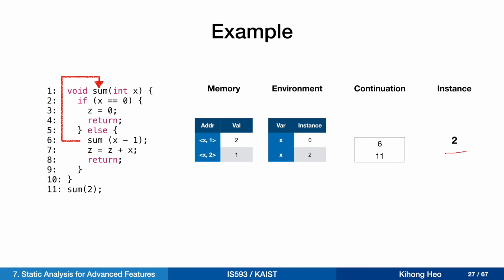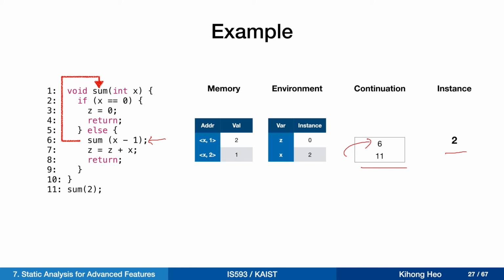And it makes a new element in the continuation. Here this new entry 6 is added because the function call happened at label 6. Also I omitted that the old environment is stored in the continuation.